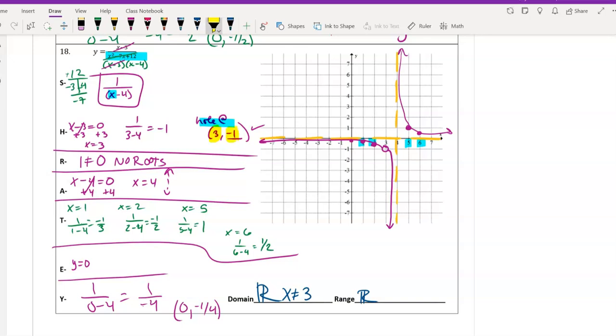For the range, the y value is -1. Y is not equal to -1. Now we have an asymptote at x equals 4. I'm just going to put a comma and add the 4 to the domain. And the other one is at y equals 0. So I'm going to put a comma and 0.